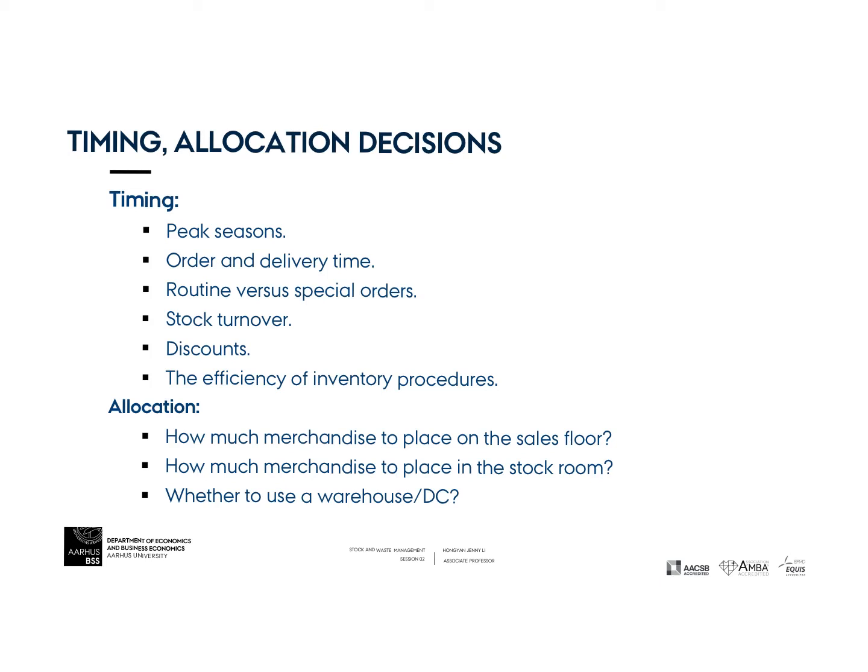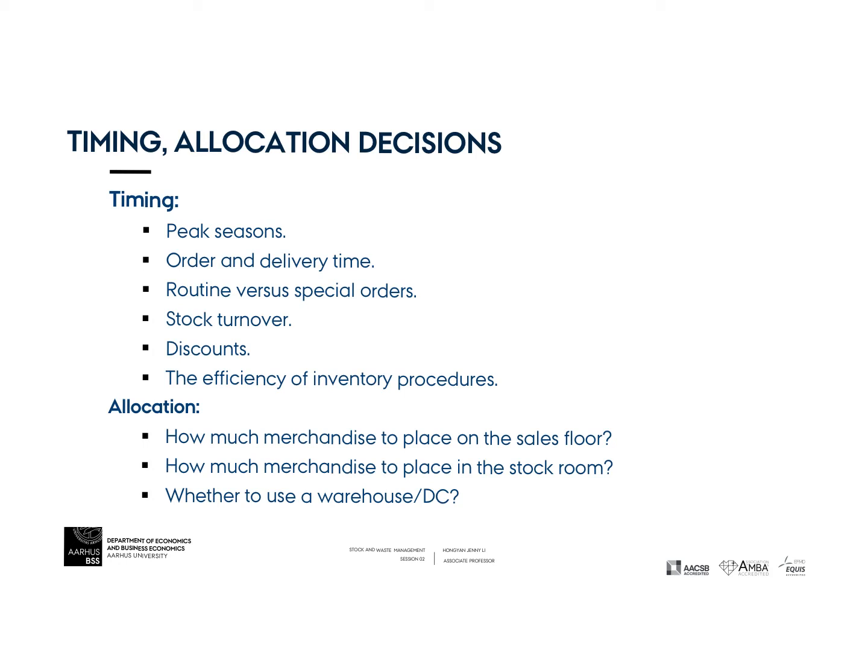So merchandise management is all about controlling the timing and the allocation decisions. The timing is related to the forecast. Based on your forecast, you should know when the peak seasons are, when you should order, and how long it takes to deliver.